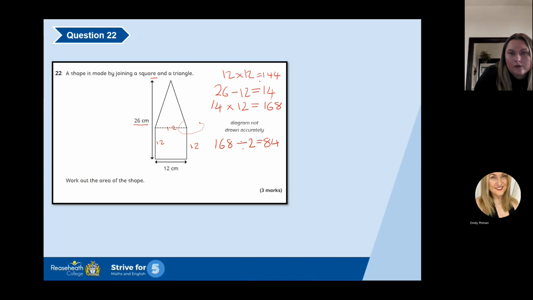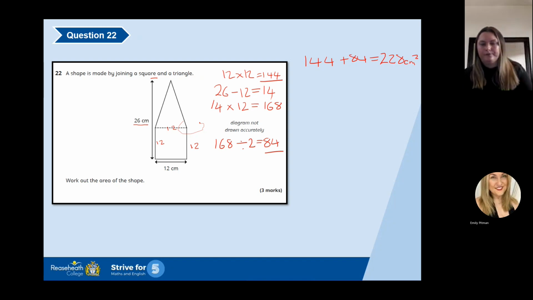So I've now got the area of the square and the area of the triangle. I now need to add them together to get the area of the whole shape. So again, I'll do that on the calculator, which is, sorry, I'm losing my mouse, 228, and the units is centimetres squared because it's an area.